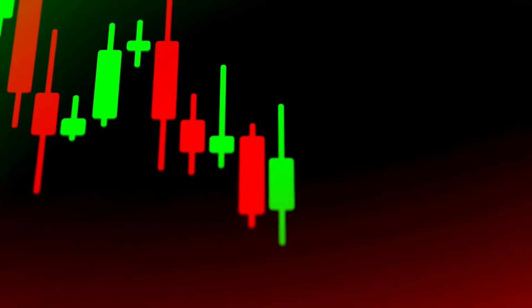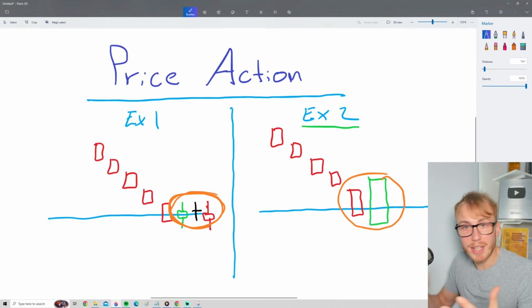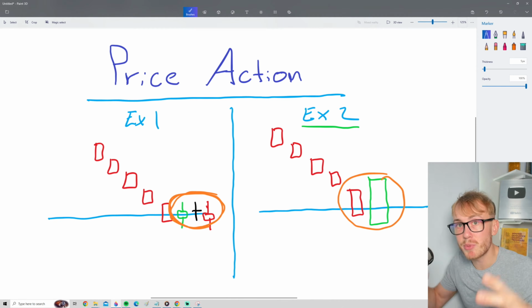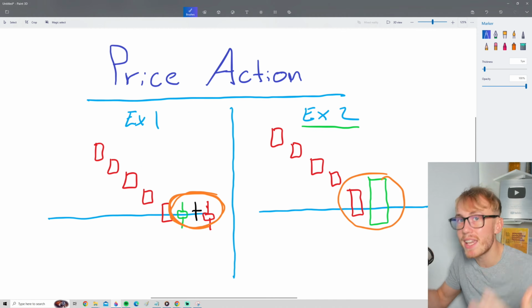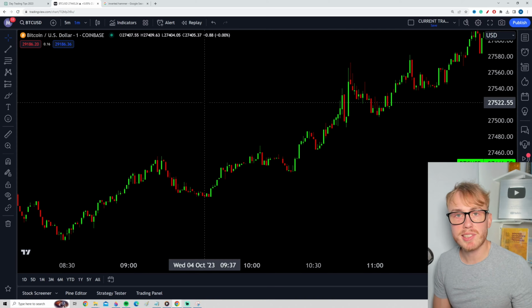This right here is the essence of price action. Price action is all about how the price is reacting to the previous market structure and how the price is behaving right now.